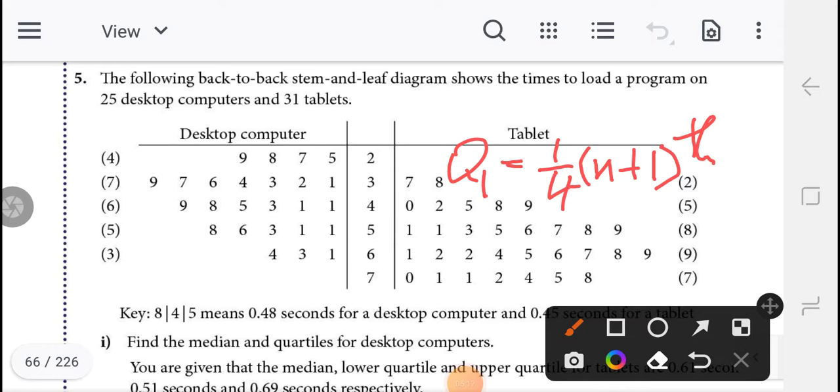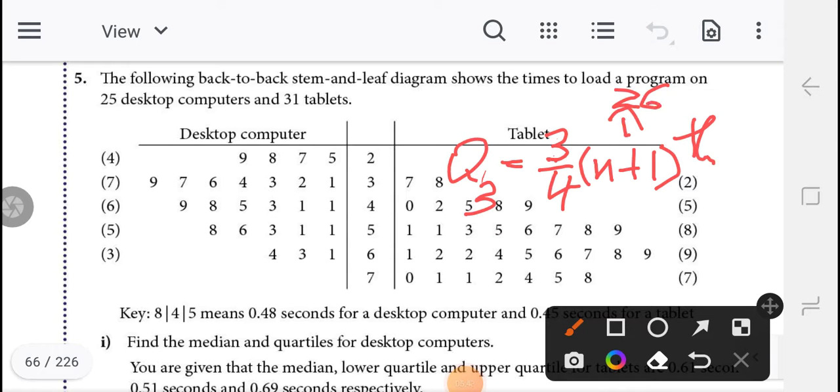As for the upper quartile, Q3, we use a formula that says Q3 equals 3/4 of (n plus 1).